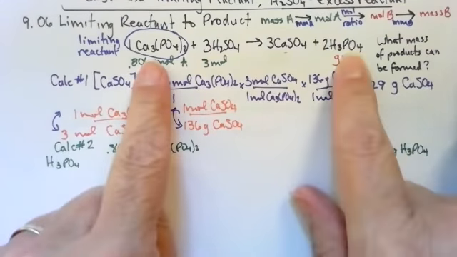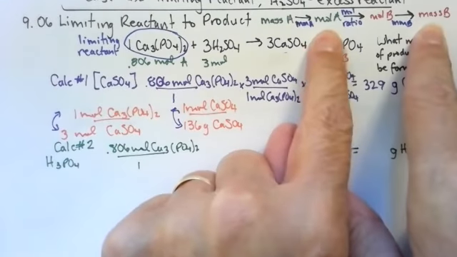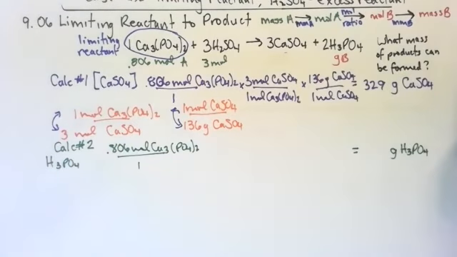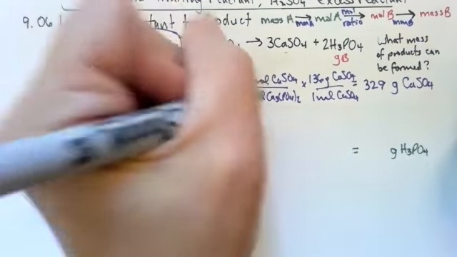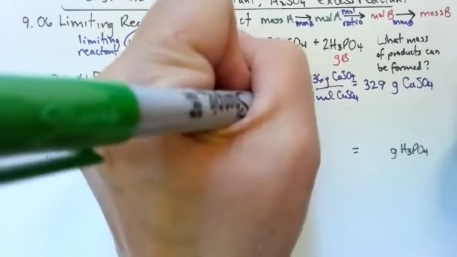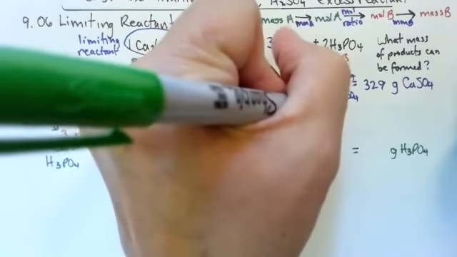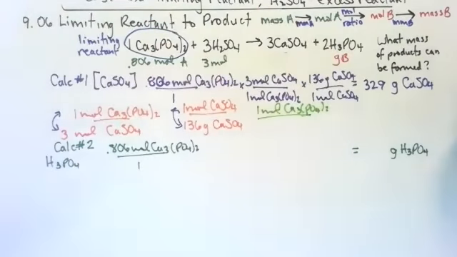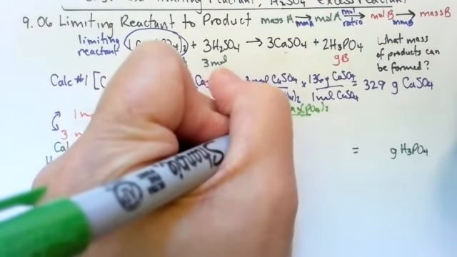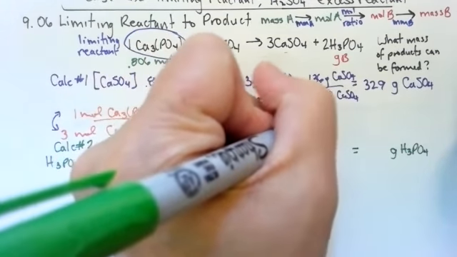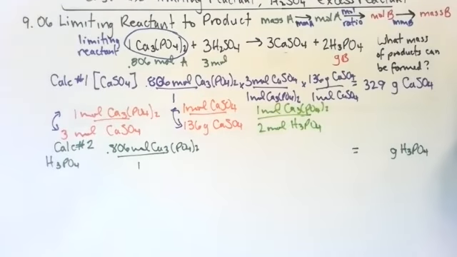So I'm starting here, I'm going here, I'm going from moles to mass. So I'm going to need that mole ratio. Let's do a light green. So my mole ratio between calcium phosphate and phosphoric acid is 1 mole Ca3, writing out the labels gets a little cumbersome, but it's helpful, to 2 moles H3PO4. Remember, mole ratios come from the coefficients.